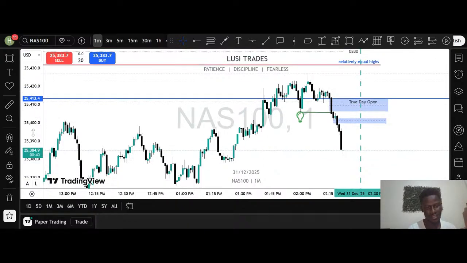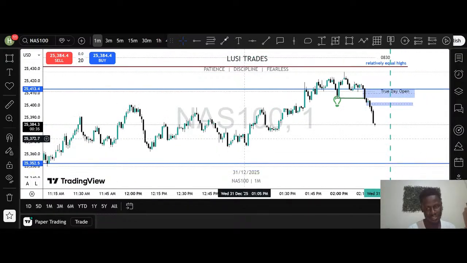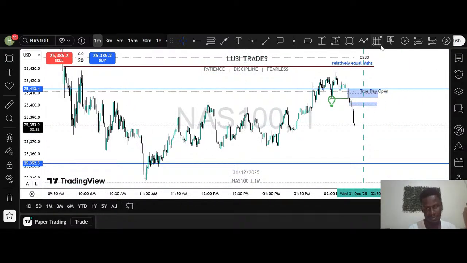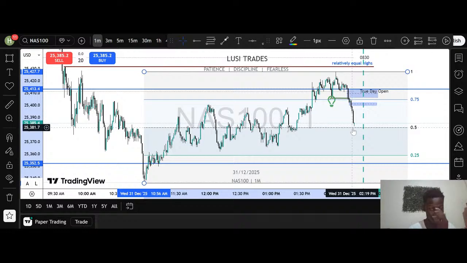So looking at this range, let me measure the range, from that low to now this high. So the midpoint, the equilibrium, is just below this.